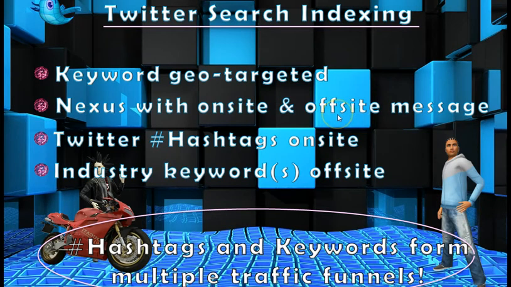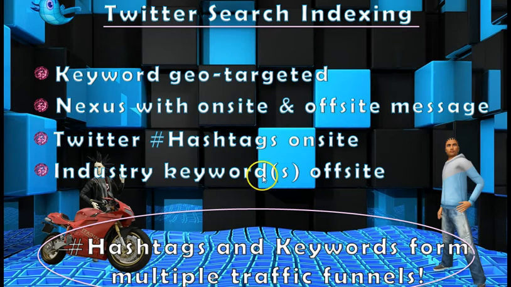Now, there are two distinct things if we haven't made it clear. There's offsite Twitter profile optimization, which means your Twitter profile will appear on search engines if you optimize it correctly for your keywords. That would be offsite, but onsite would be hashtags.